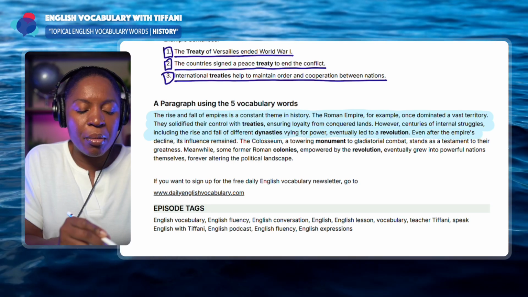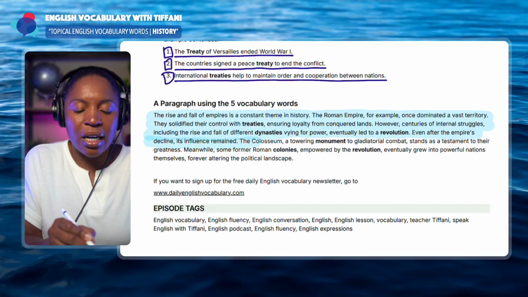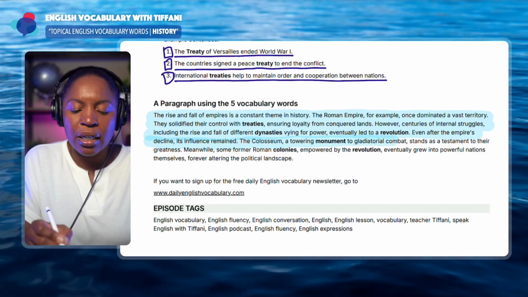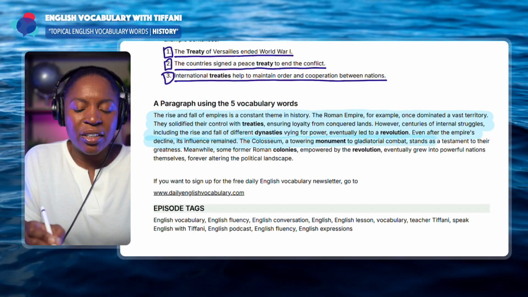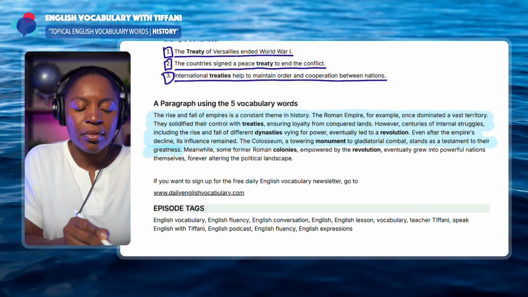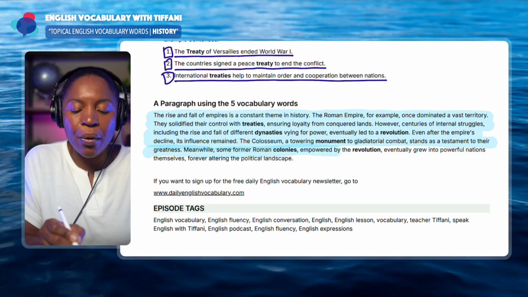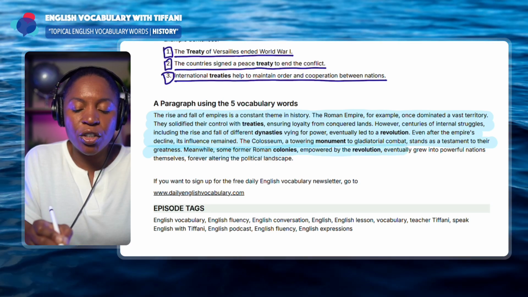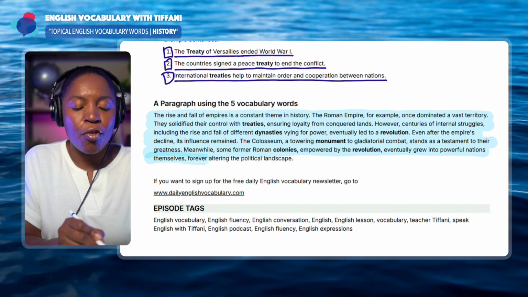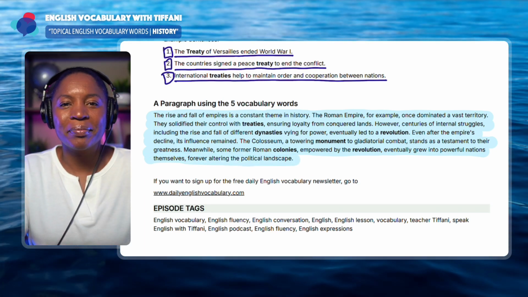Even after the empire's decline, its influence remained. The Colosseum, a towering monument to gladiatorial combat, stands as a testament to their greatness. Meanwhile, some former Roman colonies, empowered by the revolution, eventually grew into powerful nations themselves, forever altering the political landscape.